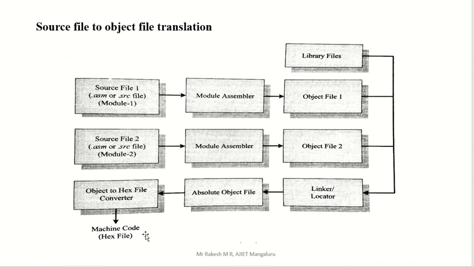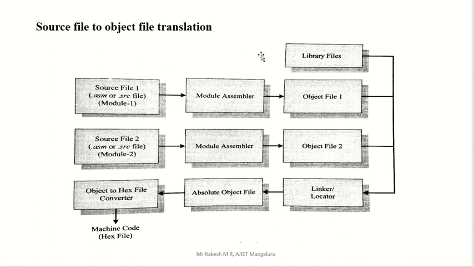A hex file is a perfect machine code with all the addresses specified in the file itself. For a particular instruction, the address is also specified. So like this, we have complete, perfect machine code or hex file, and that is ready for execution. That means you can dump this code into the embedded system for execution.